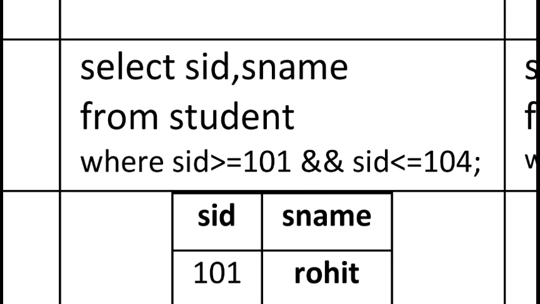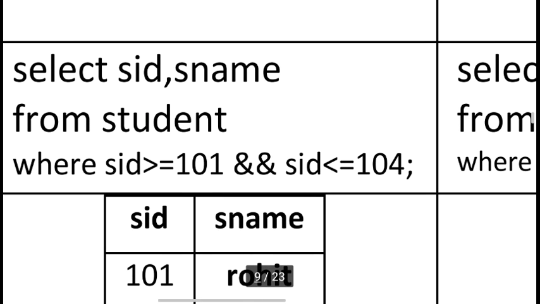So I am writing SELECT SID and SNAME from the student table, with a condition: SID is greater than or equal to 101, AND SID is less than or equal to 104.